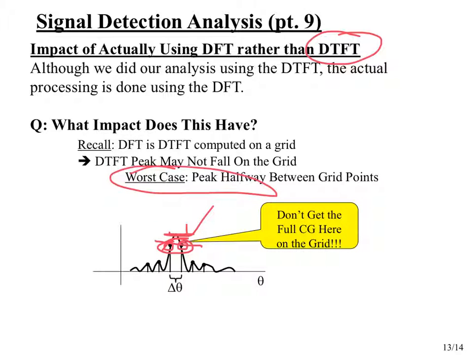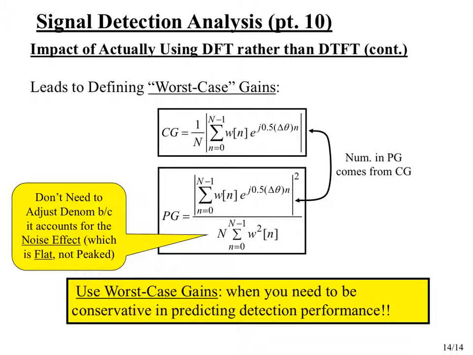And this is something that's usually captured through a kind of further discounted coherent gain. If you look in Fred Harris's paper, he talks a lot about this aspect. So when we capture our coherent gain, we put in an e to the j 1/2 delta theta offset.